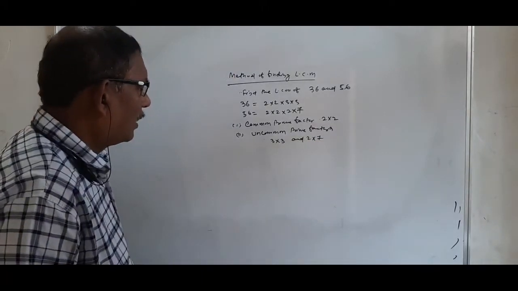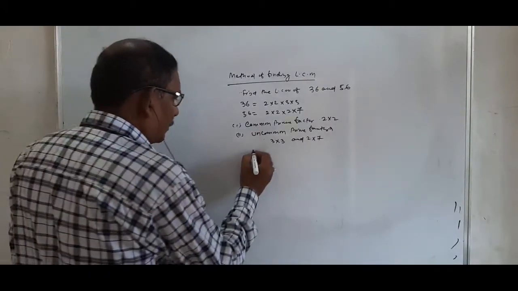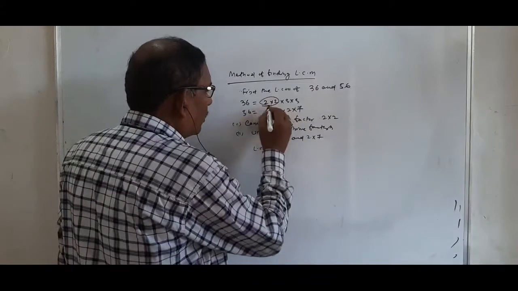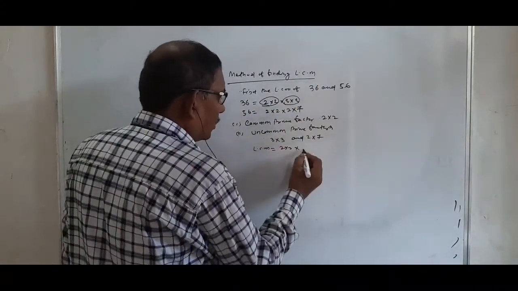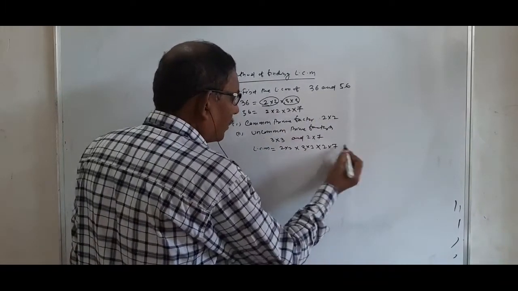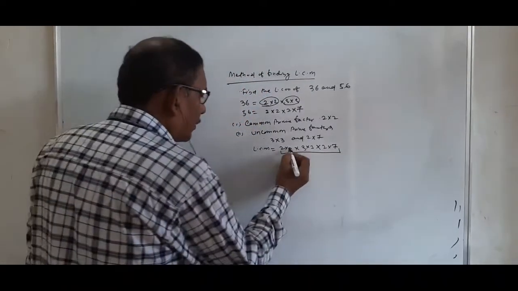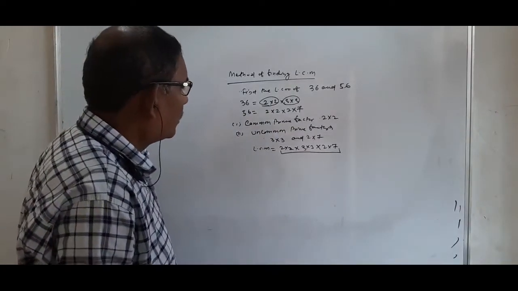So what is the LCM of these numbers? LCM is equal to 2 into 2, 3 into 3, into 2 into 7. So this is the LCM of 36 and 56.